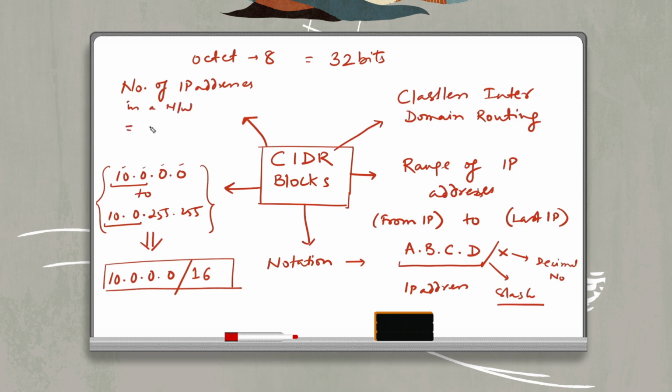And the formula is 2 to the power of, how many total bits are there? Basically, this is the address length, right? So 2 to the power of 32 minus the prefix length. In this case, the prefix length is /16, which equals 2 to the power 16. For this particular CIDR notation, we can have 2 to the power 16 IP addresses.